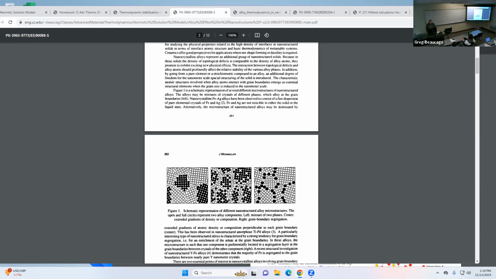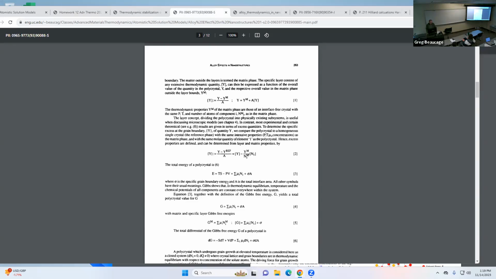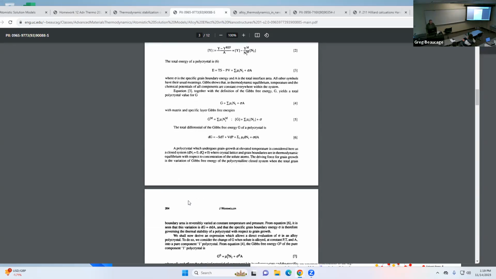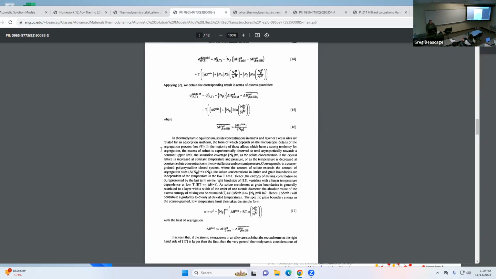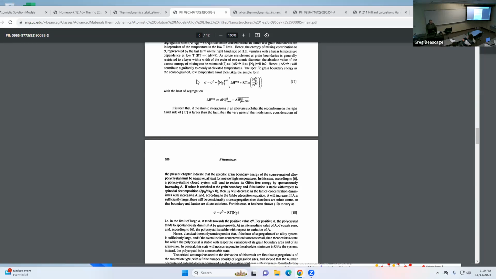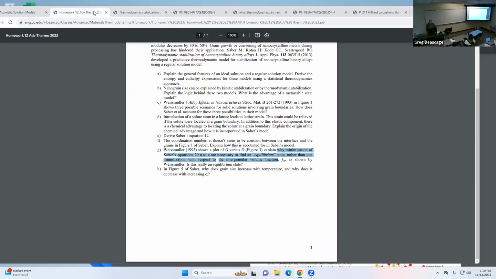He's looking at this kind of mixture, so he's only minimizing with respect to the grain size in this kind of distribution of the components. So it's a much simpler model. That's the idea. That's why it's necessary, because he has a more complicated model.